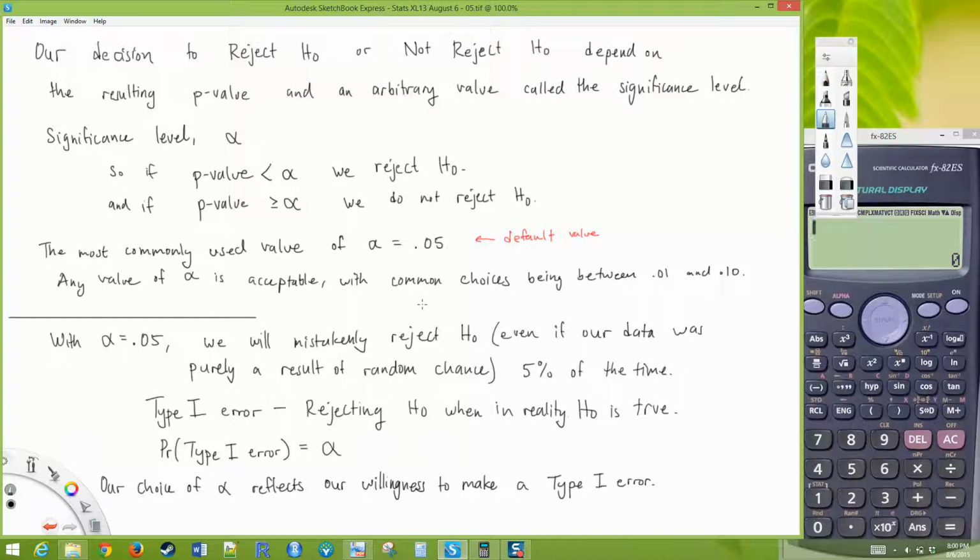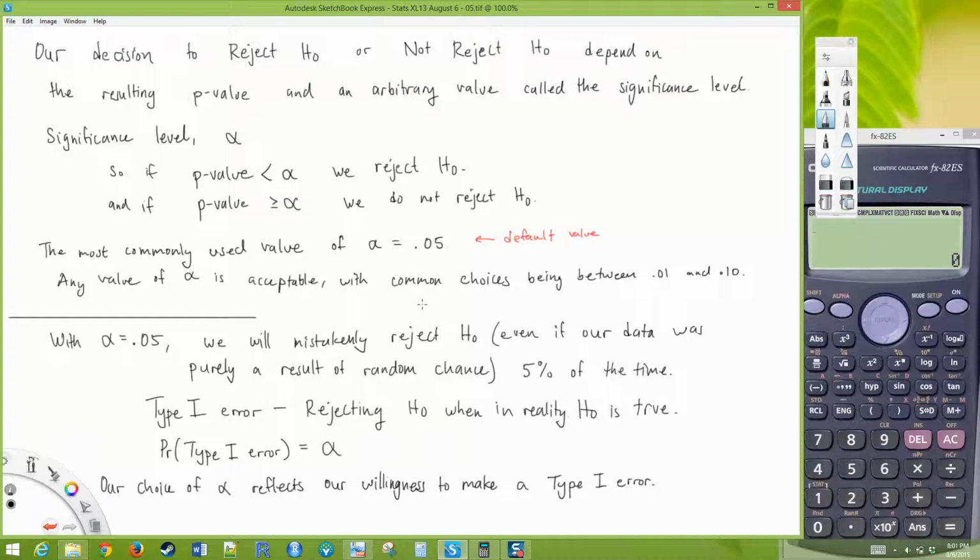Okay, well, the flip side to a type 1 error is creatively named the type 2 error. And the type 2 error is kind of the opposite problem. So if type 1 error is rejecting the null when the null is true, can you think of what the type 2 error is? Accepting it when it's false.